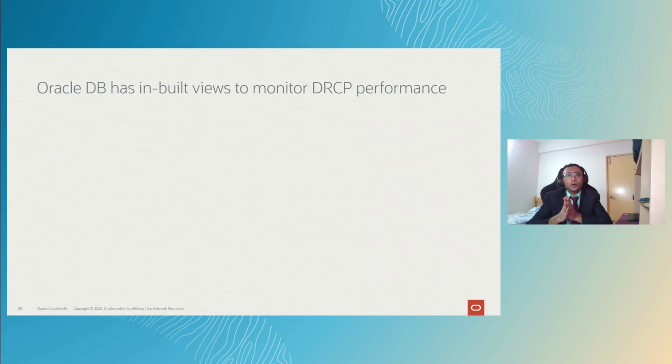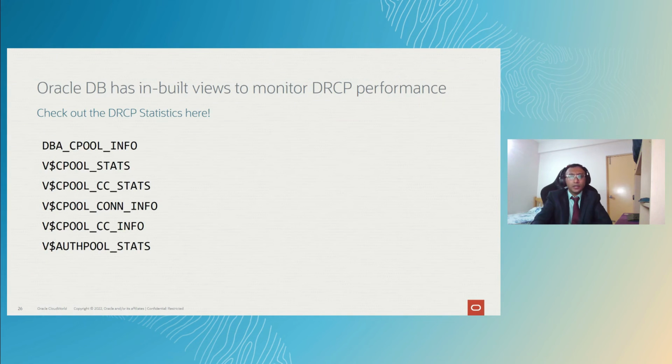Now, next we'll move on to see how Oracle database can monitor the DRCP connections. You have inbuilt data dictionary and dynamic performance views available in Oracle database, which will monitor the performance of DRCP. Basically you can check statistics like the number of busy and free servers in the DRCP pool and the number of hits and misses in the pool against the total number of client requests. You have the DBA_CPOOL_INFO view, which displays configuration information about the DRCP pool, such as pool status and maximum and minimum number of servers.